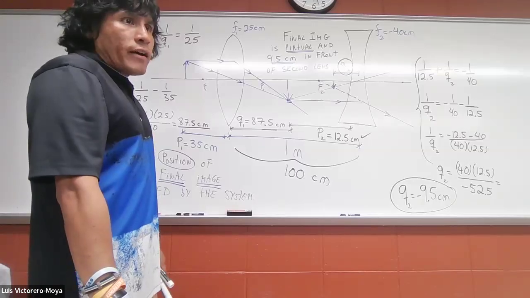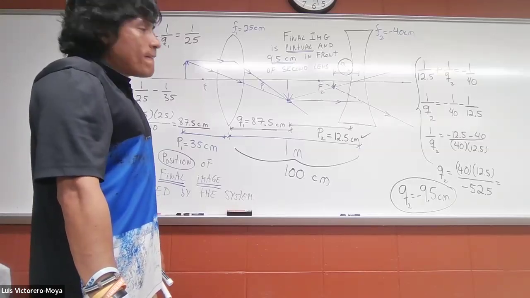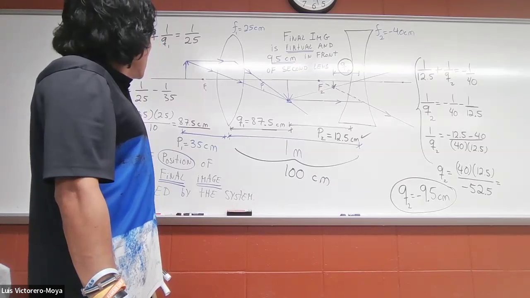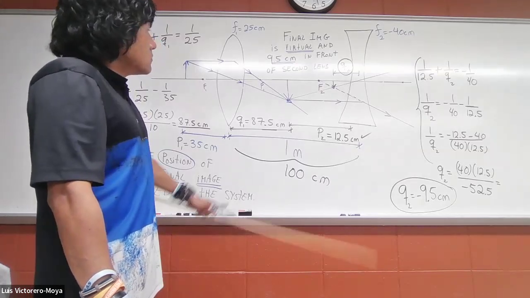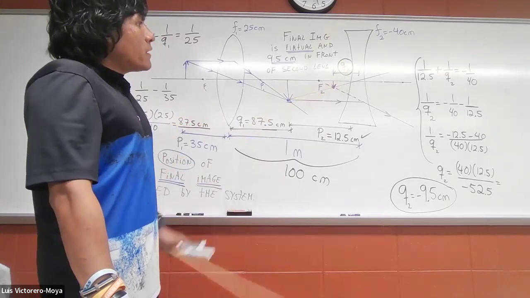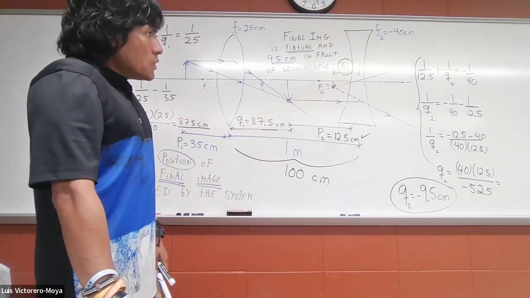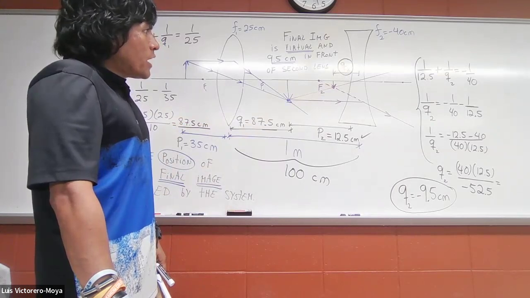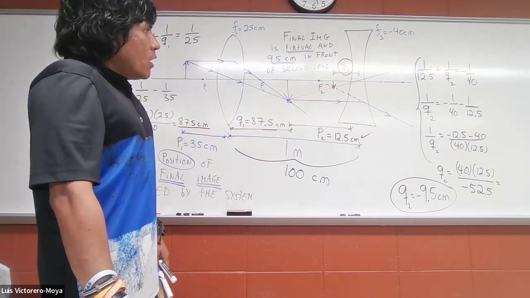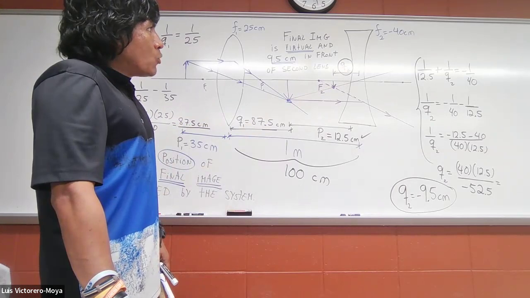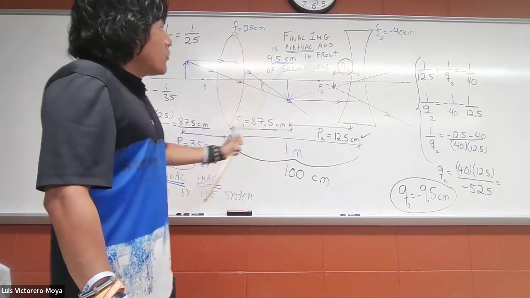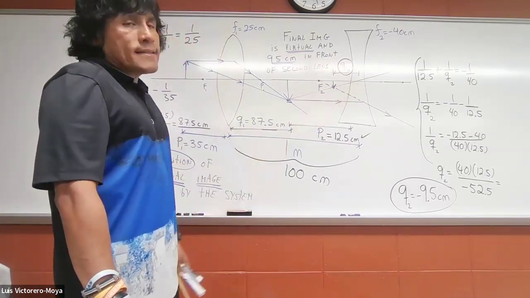What else can you find? You can find the overall magnification of this. So how do we find the overall magnification of this image? We have to take into consideration that you have two lenses.